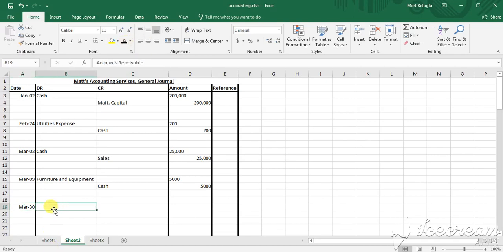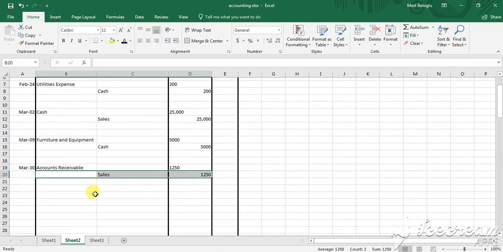And we have a special asset account called accounts receivable for this transaction. So we debit accounts receivable by $1,250 and in exchange credit sales by $1,250. In other words, we recognize the revenue, but we do not collect cash just yet.